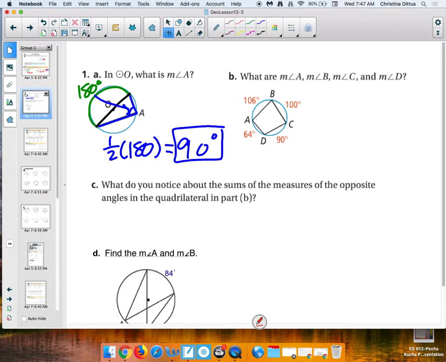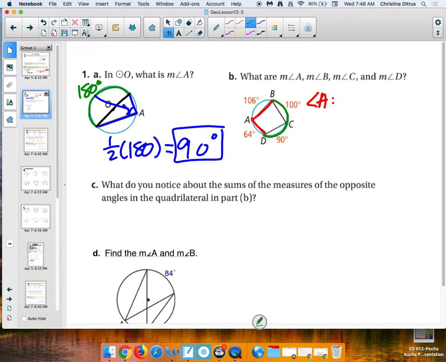This next one wants me to find all the different angles. So let's start with angle A. Angle A goes from here to here. So the arc associated with it is this arc right here.